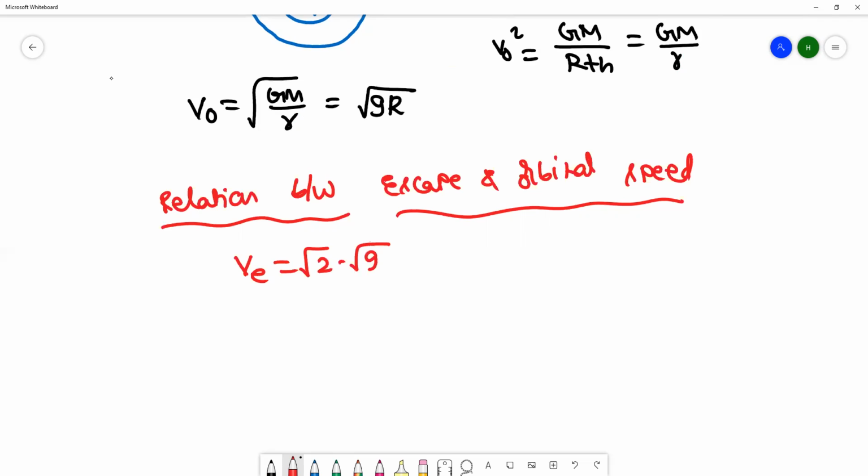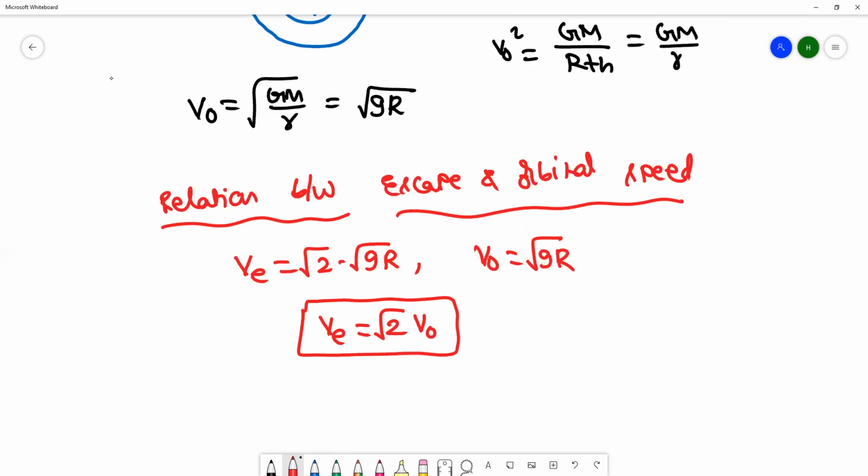Orbital velocity v naught is equal to square root of gR. So V is equal to square root of 2 times v naught. If you substitute the g value and R value, you will get 7.92 kilometer per second as the orbital speed. So escape velocity V is equal to square root of 2 times v naught.